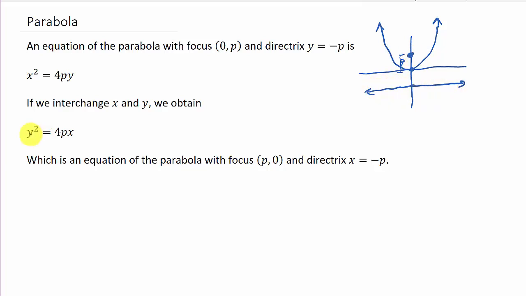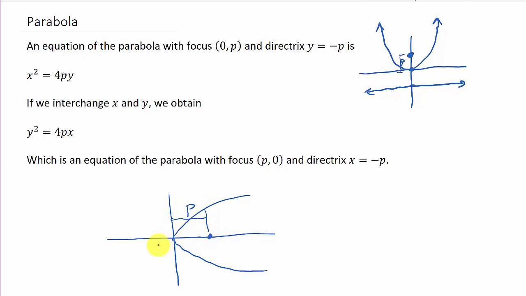And then same thing over here, except it's either going to open right or left. So if the focus is here, of course, this distance to here would be p, and then the directrix would be back here, p units.